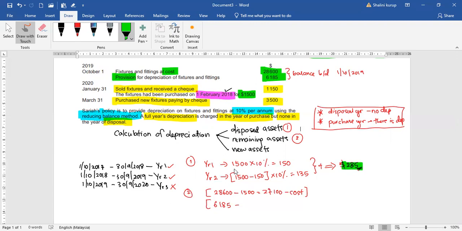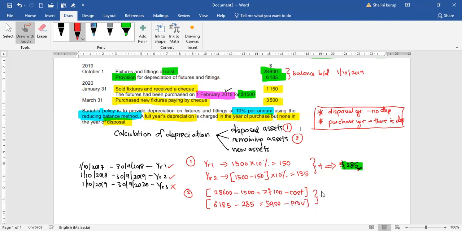I just did the calculation and explained it to you. So 6185 is inclusive of this 285, and what you're supposed to do here is minus your 285. So 6185 minus 285, you get 5900. This is how you get the provision balance.